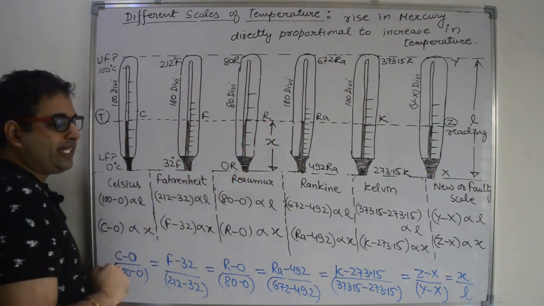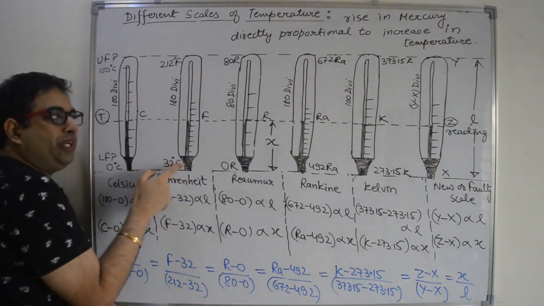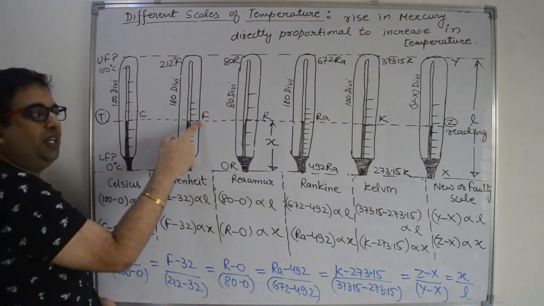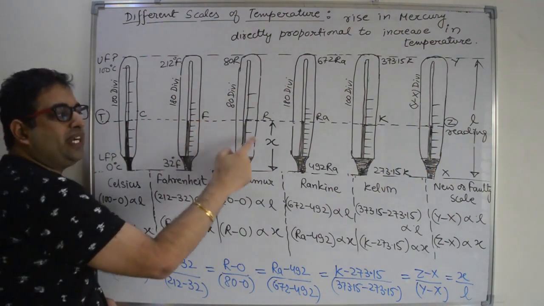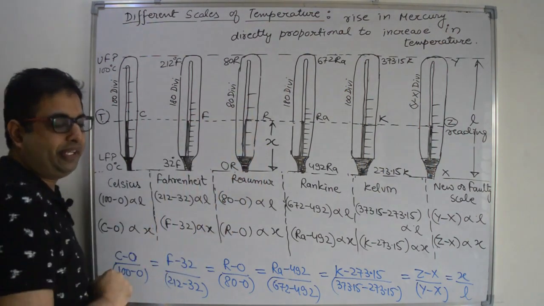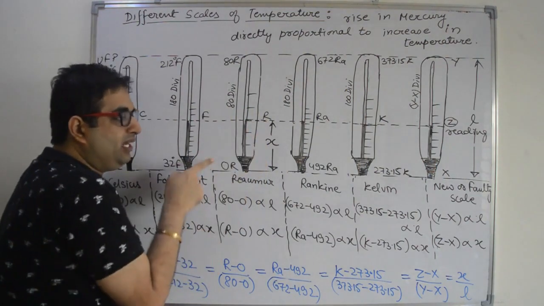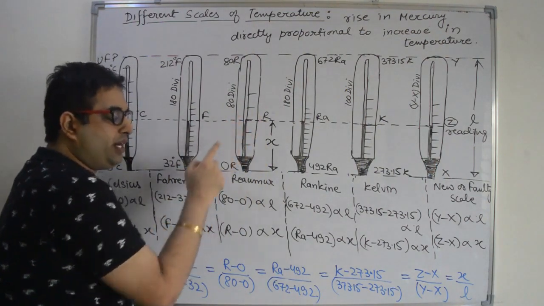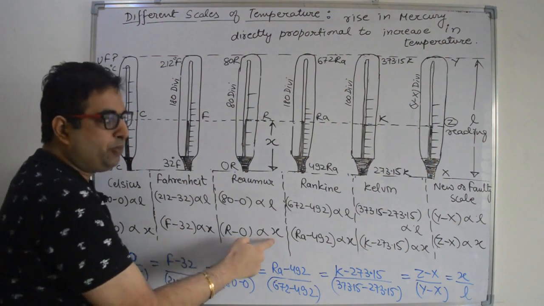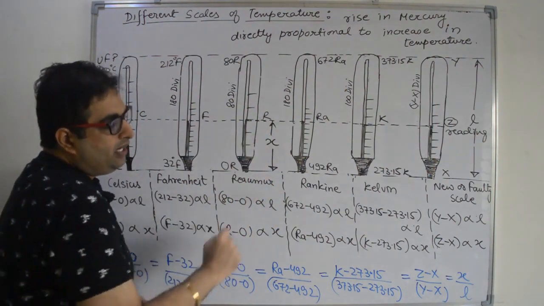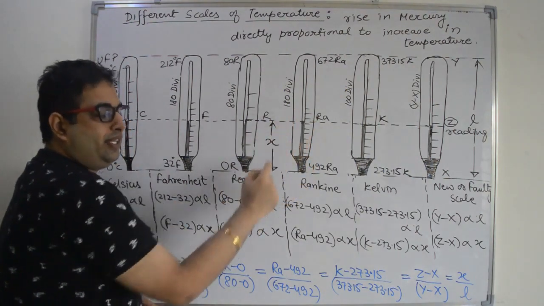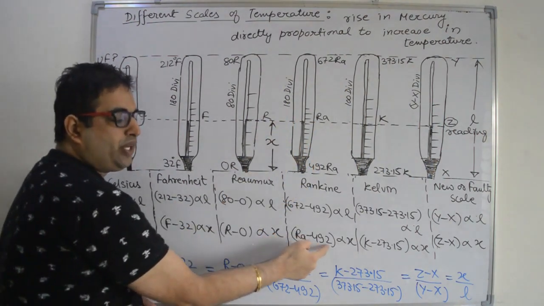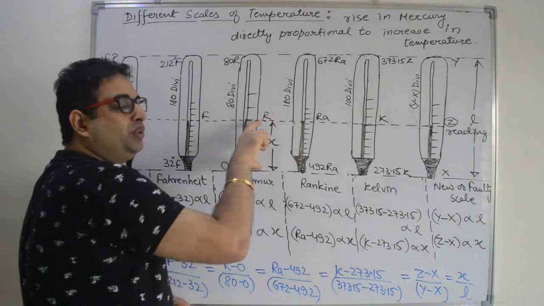For the Fahrenheit scale, it is from 32 degrees Fahrenheit to reading F. So the increase in temperature is F minus 32, and it is proportional to the height of mercury. For the Reaumur scale, it is from 0 to R, so R minus 0 is proportional to the height of mercury. For Rankine, it is 492 to RA, so RA minus 492 is proportional to x.